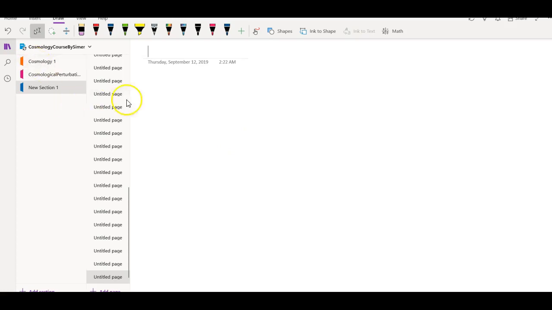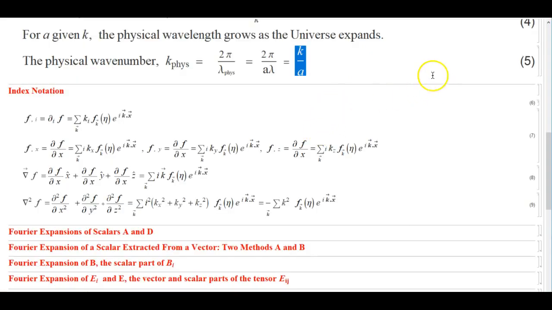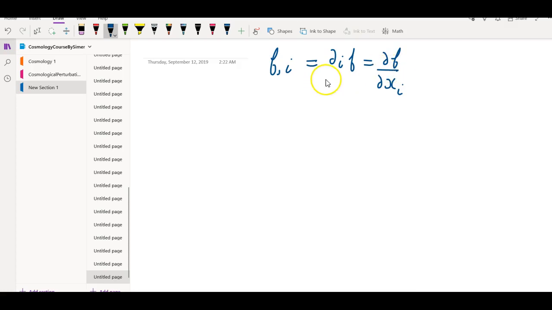So we would like to see how f_i looks in the index notation. What is f_i? f_i is basically del f, the partial differentiation with respect to x_i. How does it look in the index notation?